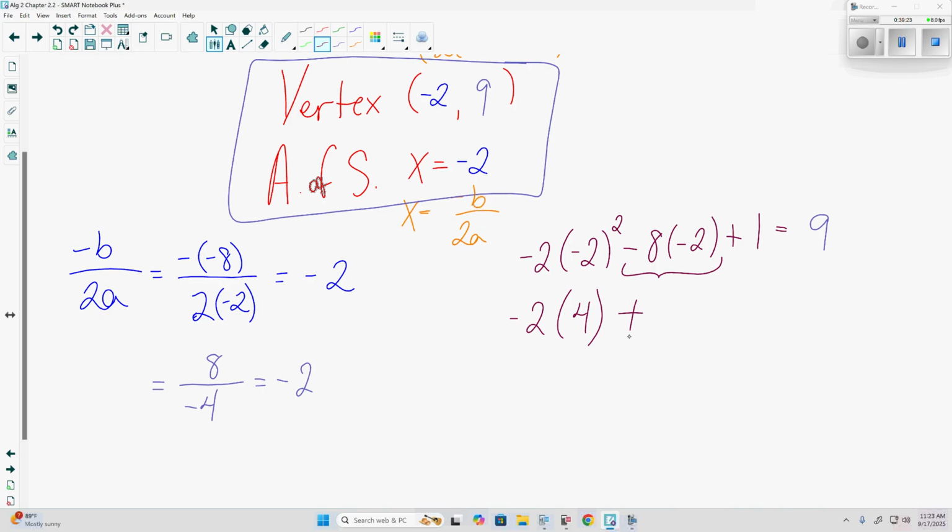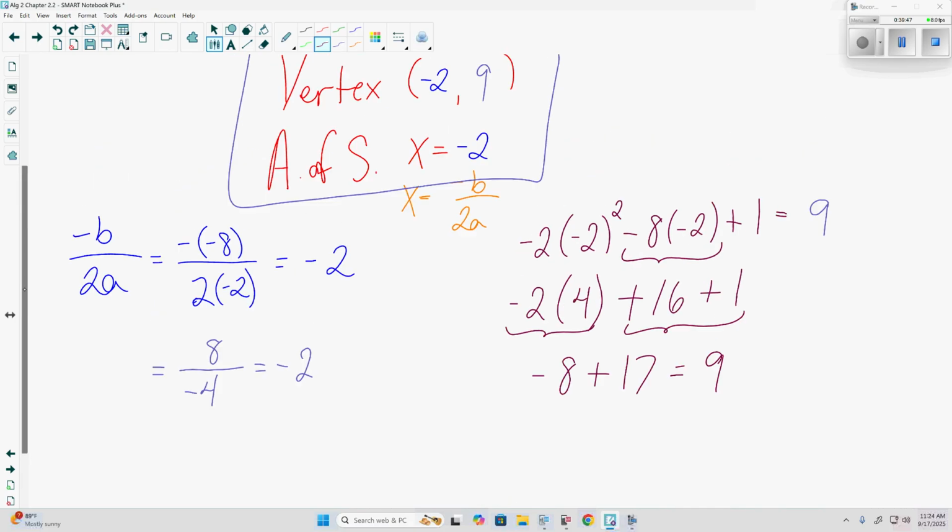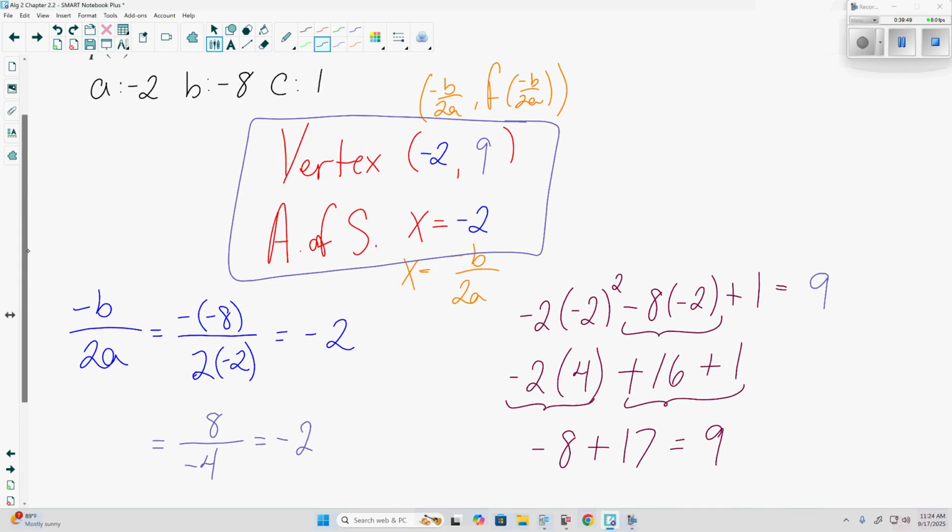Negative 8 times negative 2 would be plus 16, plus 1. 2 times negative 2 times 4 would give us negative 8. And 16 plus 1 is 17. And negative 8 plus 17, 17 minus 8 would indeed give us 9. Notice that our vertex is the point negative 2, 9, and the axis of symmetry is x is equal to negative 2.